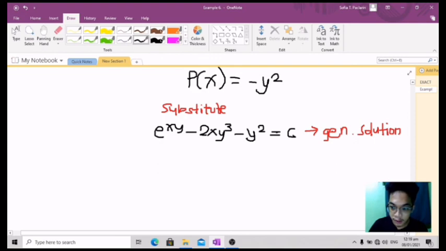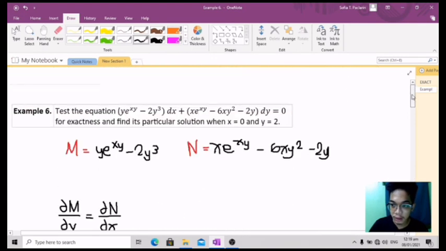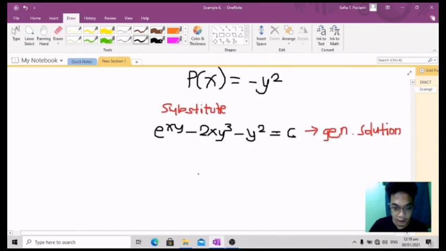On this differential equation, take note that we have a condition where x is equal to 0 and y is equal to 2.